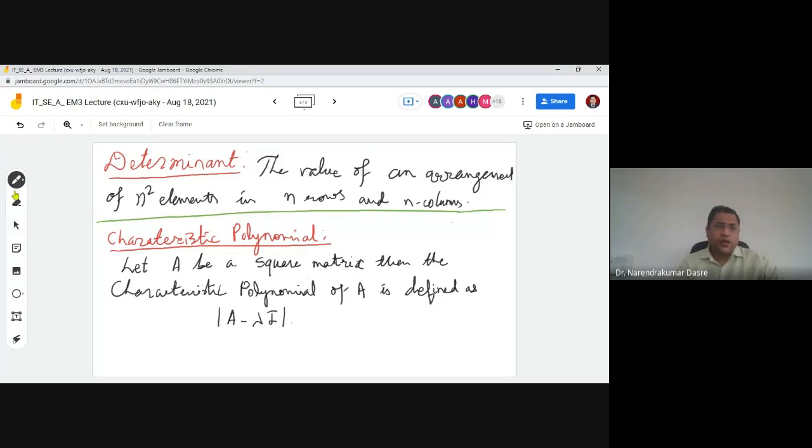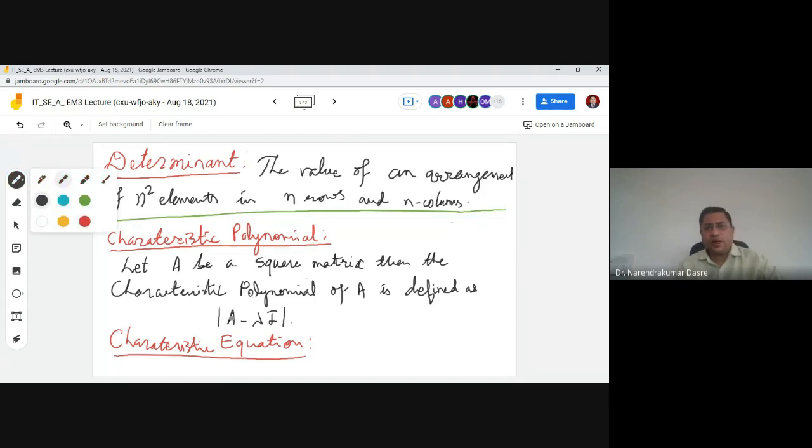Now we need to understand the next concept called the characteristic equation. Please be careful; we have to understand the difference between the characteristic polynomial and the characteristic equation, as these are two different things.